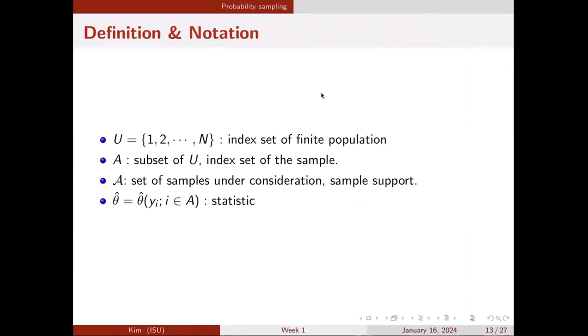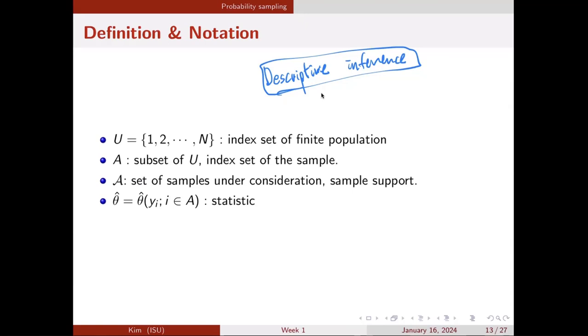So here's some notation. U is an index set of the finite population. So in survey sampling, we are mainly interested in descriptive statistics and descriptive inference. So descriptive means mean, or, I mean, something that describes the population.